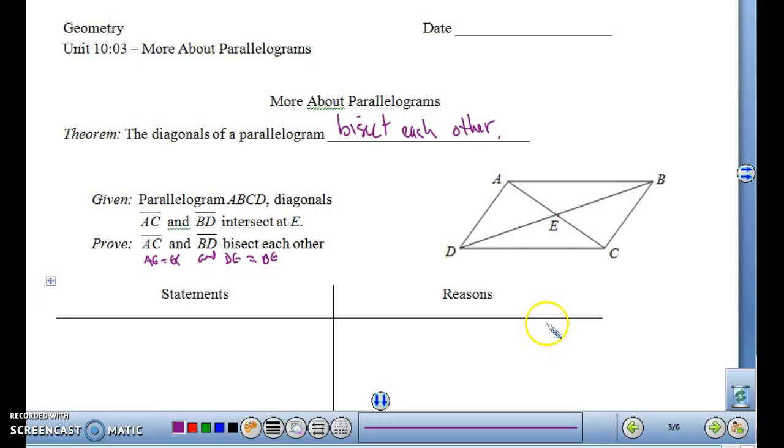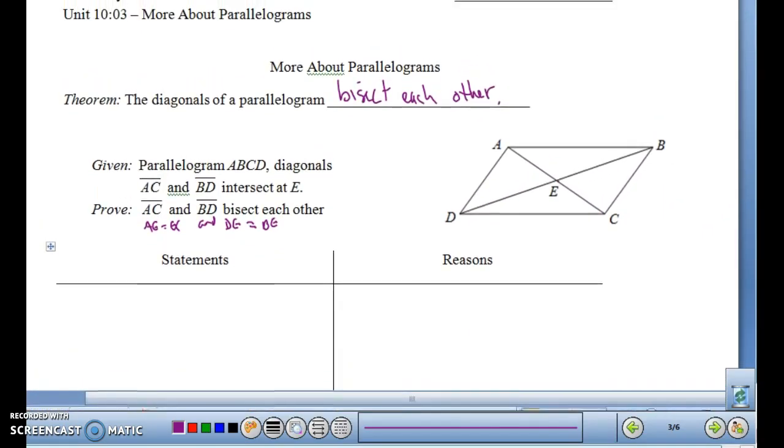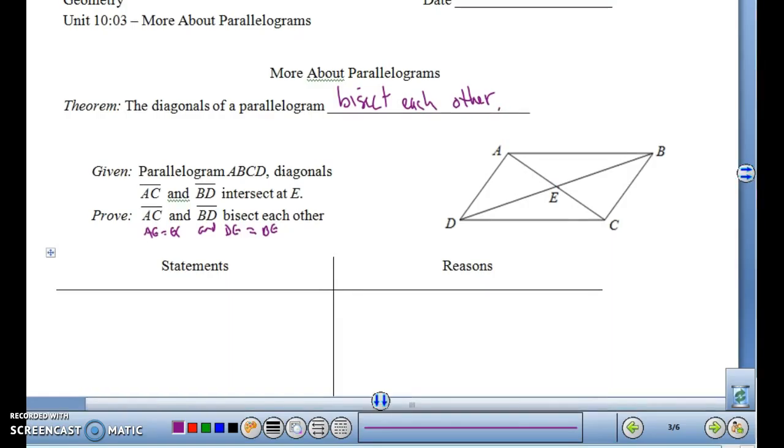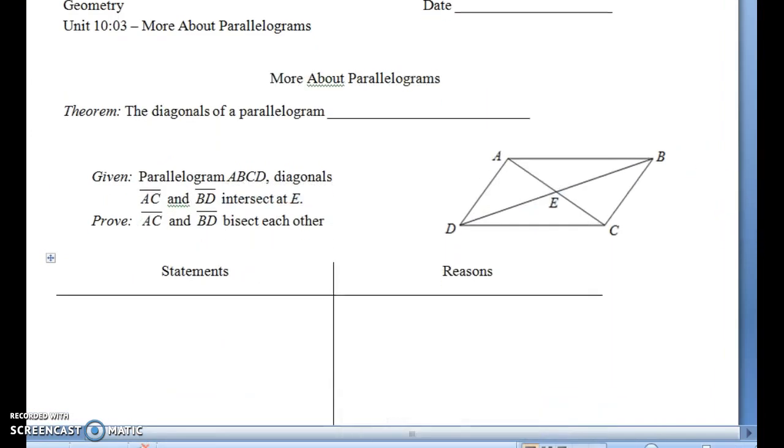All right, so which triangles do we want to prove? Let's prove AEB and CED, this one and this one. All right, so what we are given is that we have a parallelogram. Let me move this down a little bit so we can see.